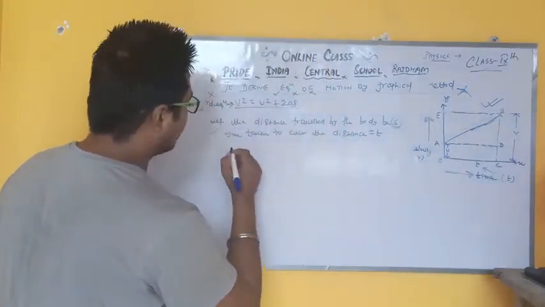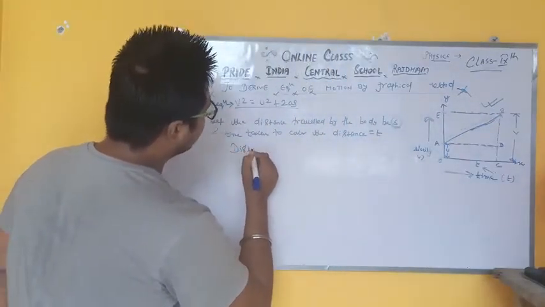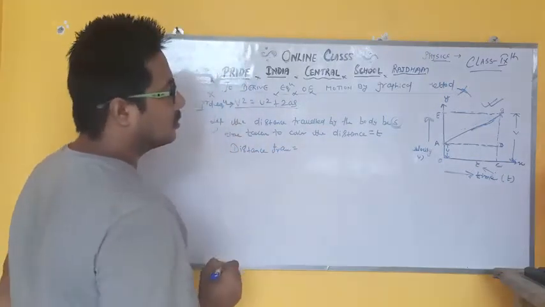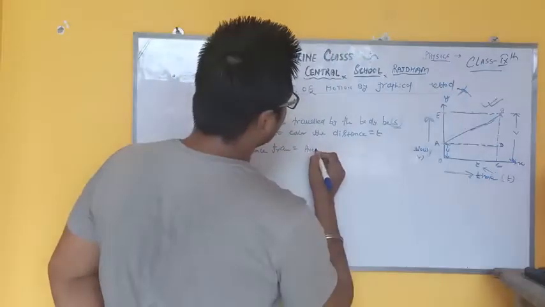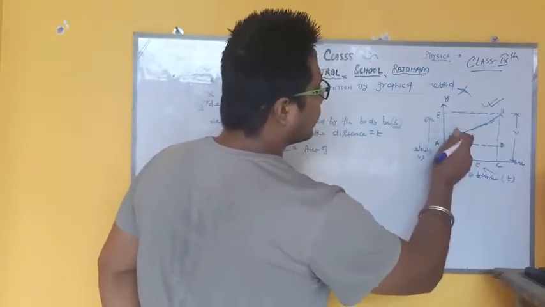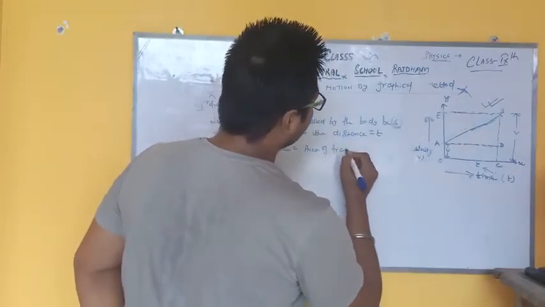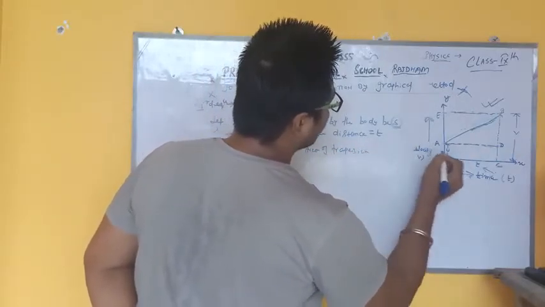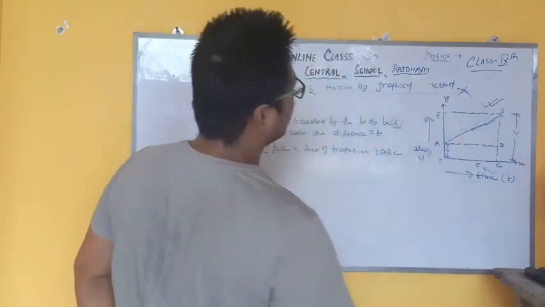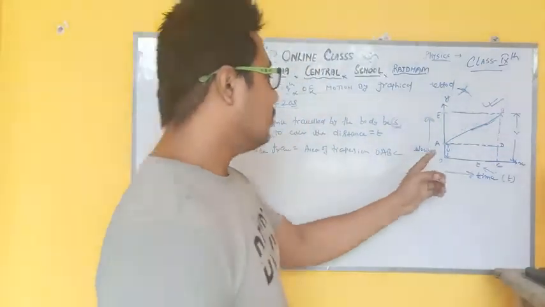So what we see is that the distance traveled will be equal to the area of trapezium OABC.